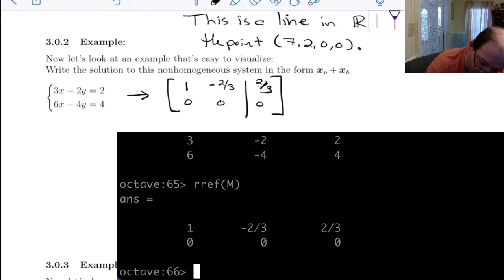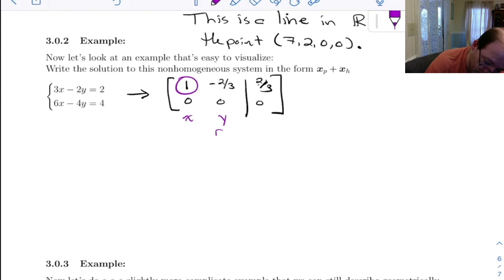All right, so I didn't leave myself much room. I'll label these below. This is x and this is y. That's a leading 1, and y is free. So I'm going to write my solution as x is equal to 2/3 plus 2/3 y. And y is a free variable, so it's just equal to 1y.